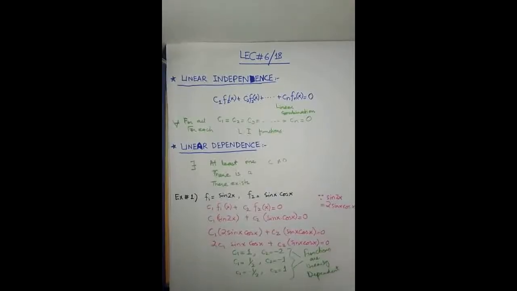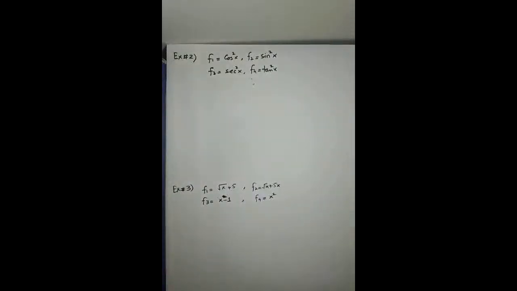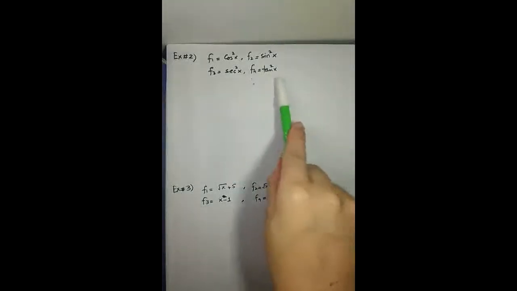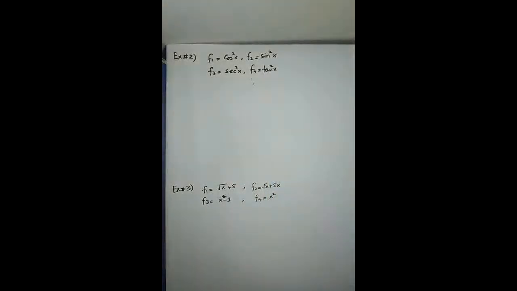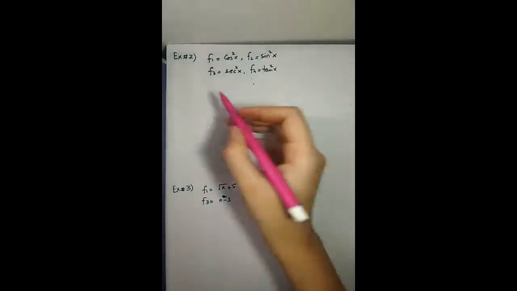Okay, next example number 2. Example number 2 has 4 functions, and you have to check whether these f1 of x, f2 of x, f3 of x, f4 of x are linearly dependent or independent. So first of all, write the combination.